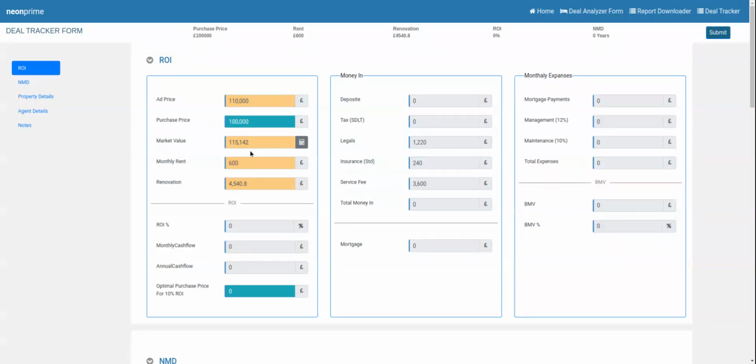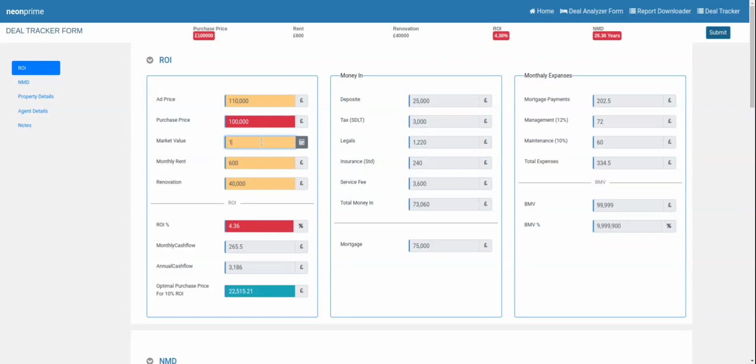We need to enter all these values first, and then we can analyze what our ROI will be and how many years it will take to return to zero equity. For example, if a property is advertised at 110,000 rupees and renovation will cost another 40K, the net cost to us will be about 150,000.